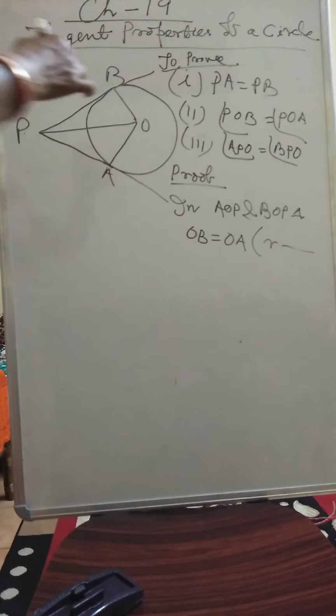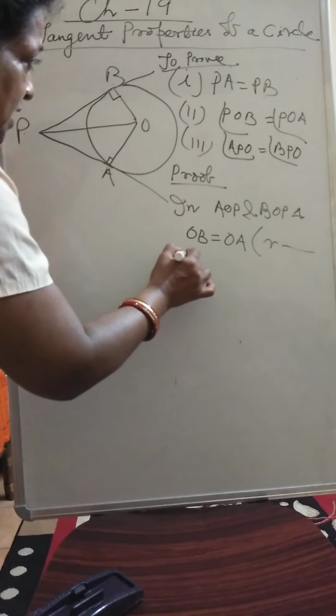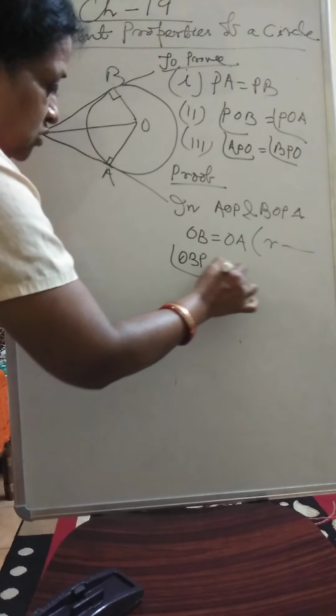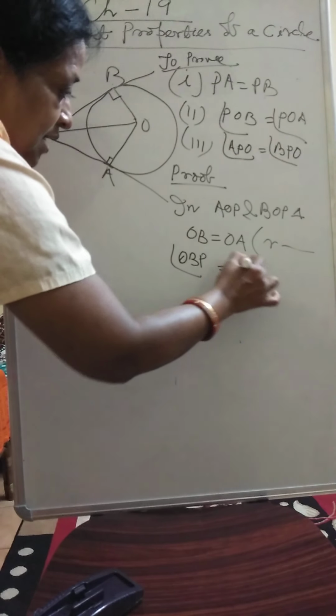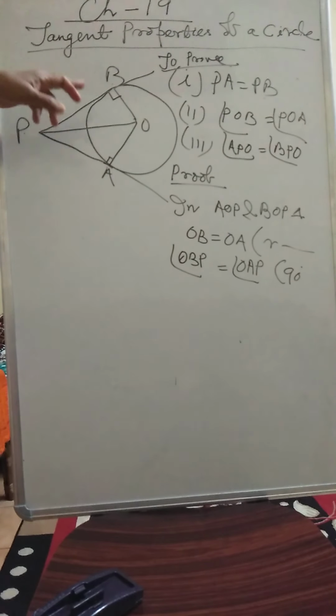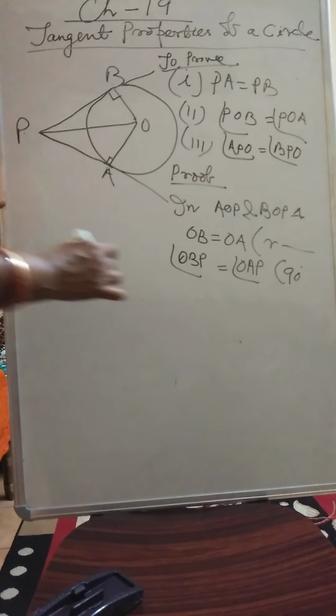Okay. Now I'll write OBP is equal to OAP, 90 degree, because radius is perpendicular to tangent. Therefore, I am writing this is 90 degree.